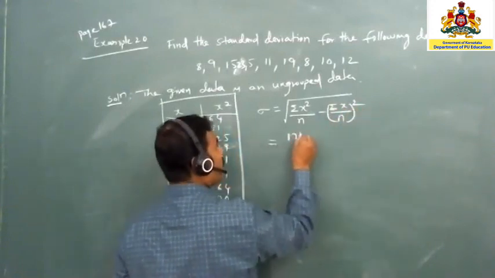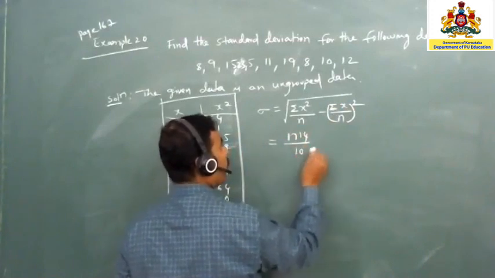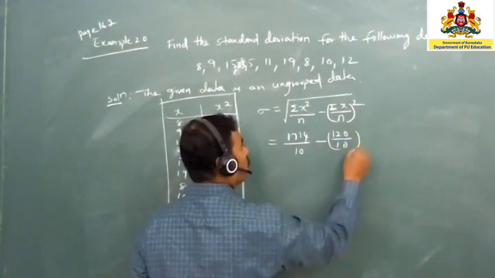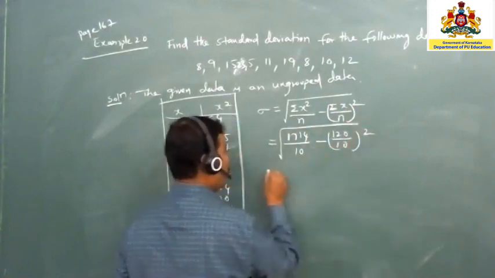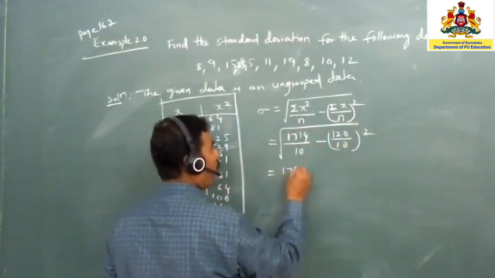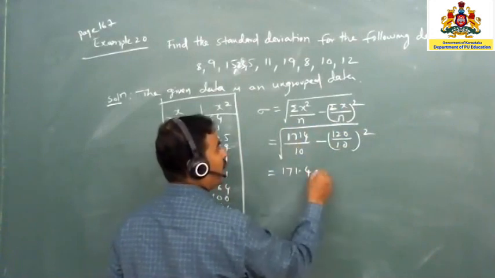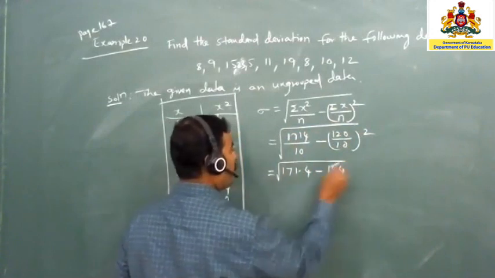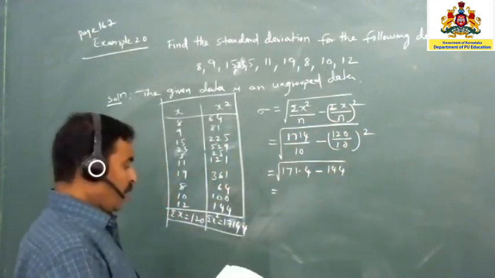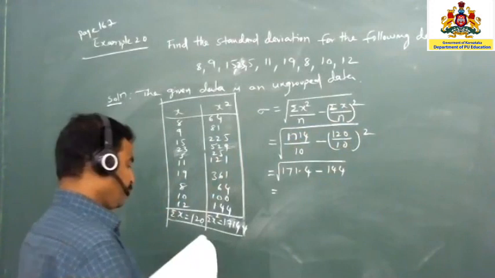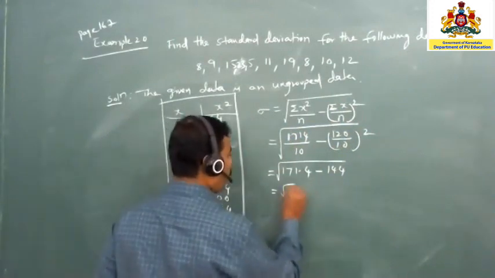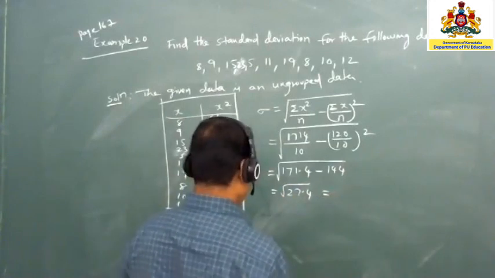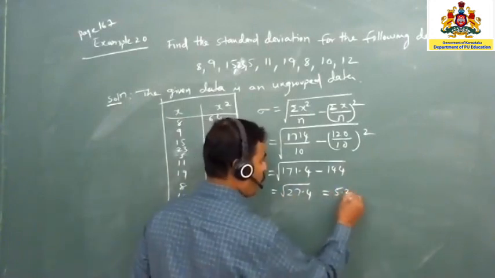X square is 1714 by n, which is 10, minus x, which is 120 by 10, whole square, square root. That is 171.4 minus 12 square, which is 144, so the square root of 27.4. Use the calculator to find the square root value: 5.24.